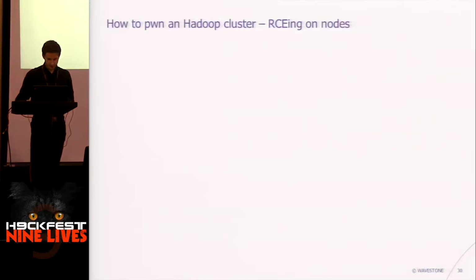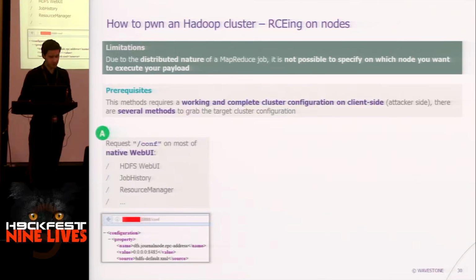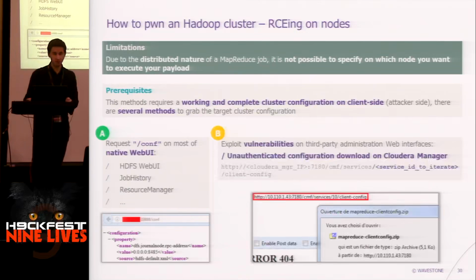That's cool. So for the configuration, either you request /conf on any web UI, or, as there are some vulnerabilities on certain management platforms such as Cloudera Manager, if you cannot see the service for some reason but you can see Cloudera Manager, you can use that vulnerability in order to download the configuration file.